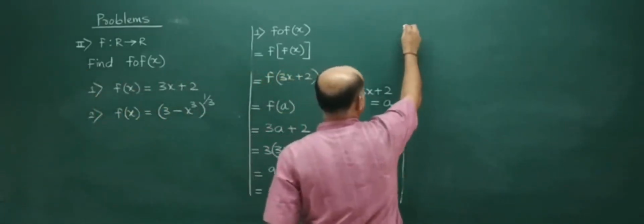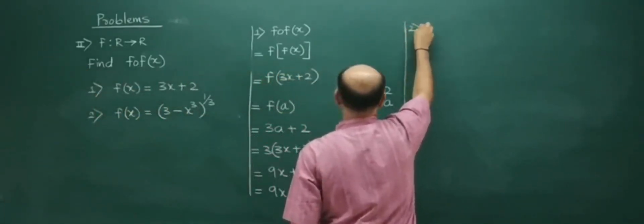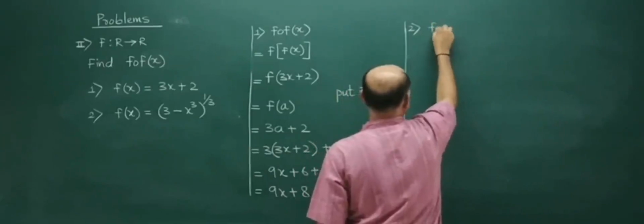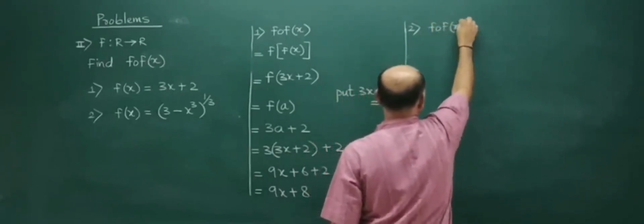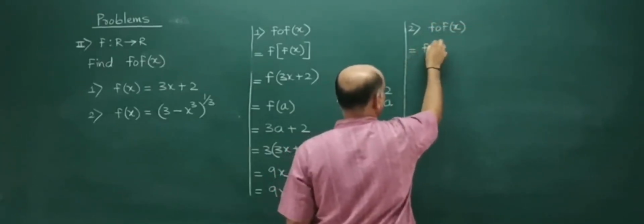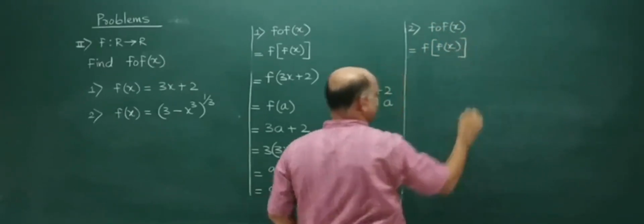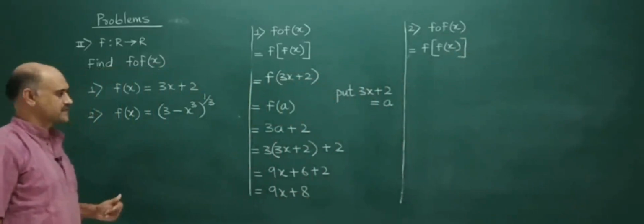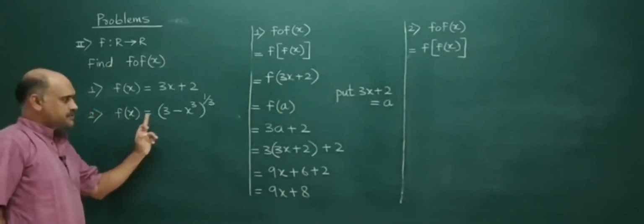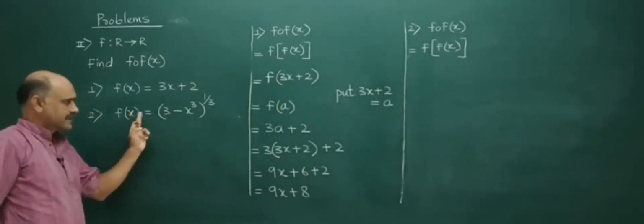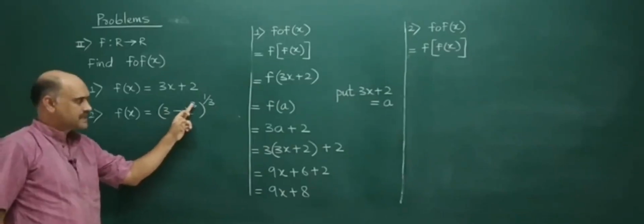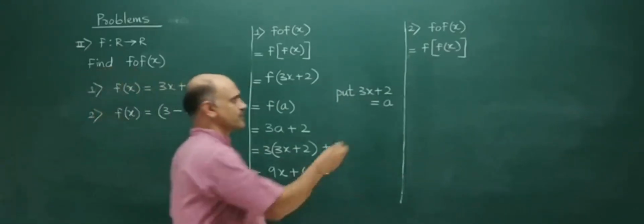Similarly, now we will try the second one. f of f of x is equal to f into bracket f of x. Now substitute f of x. f of x is bracket 3 minus x cube raised to 1 by 3.